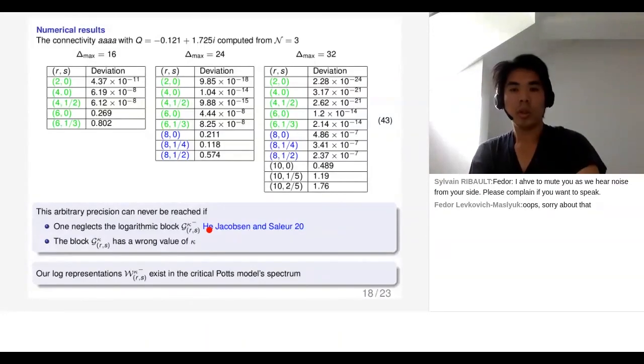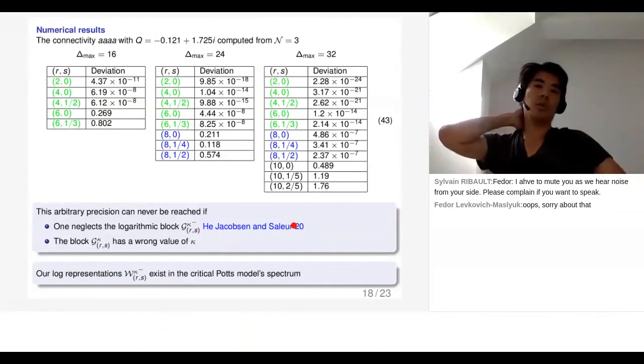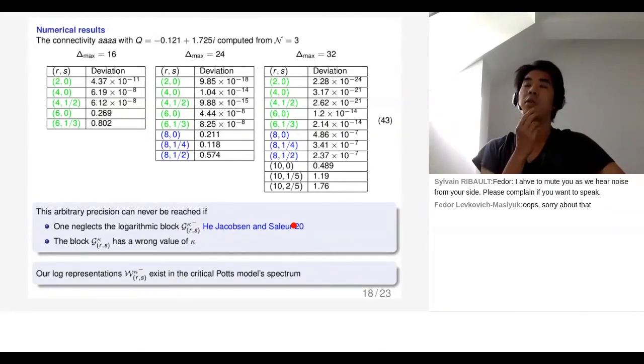Is this correct? So you mean in the bootstrap connectivity by He, Jacobsen, and Saleur? Yeah, in the original formula, Picco, Santachiara, and Ribault found a divergence, and in the work by He, Jacobsen, and Saleur, they did not regularize the divergence; they just neglected the divergence.